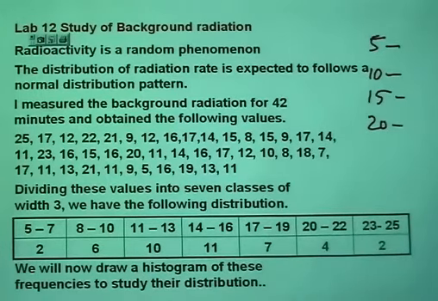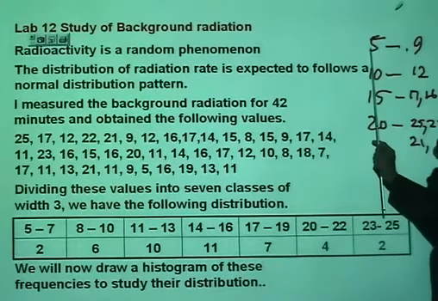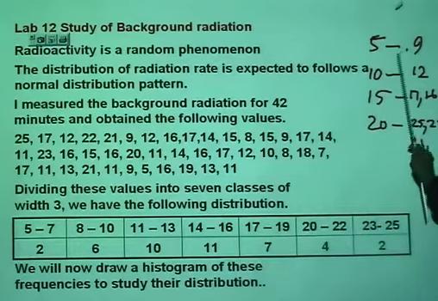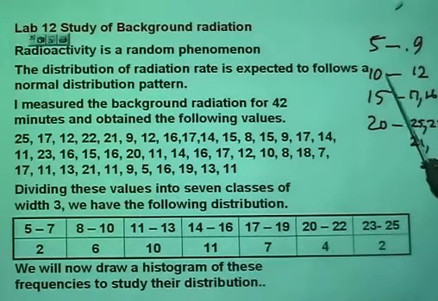I sort of classified like that, and when I take each number, 25, I write 25 here, 17 I write here, 22 I write here, then 21 I write here, 9 I write in the top one, 12 comes here, 16 is here. So you look at the way I'm dividing these. I said how many are above 5 and below 10. All those I will write here.